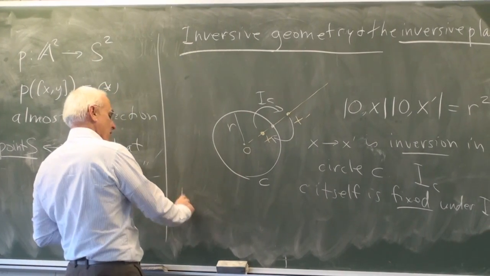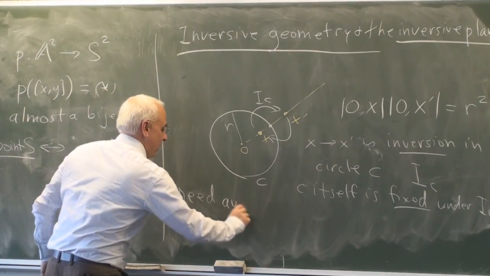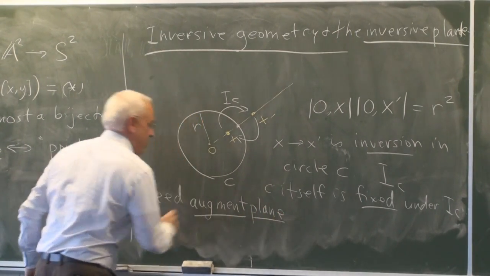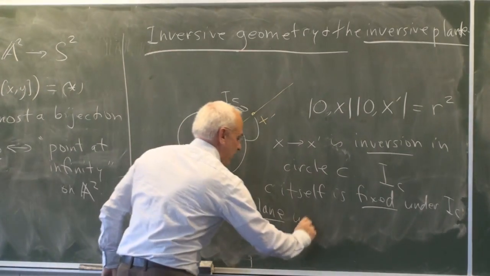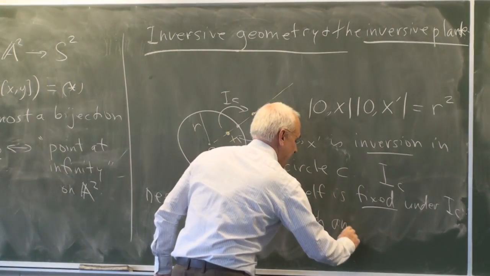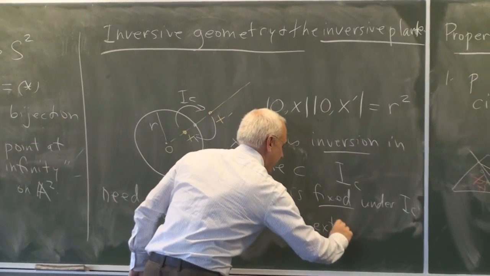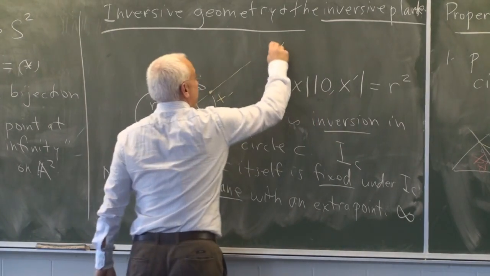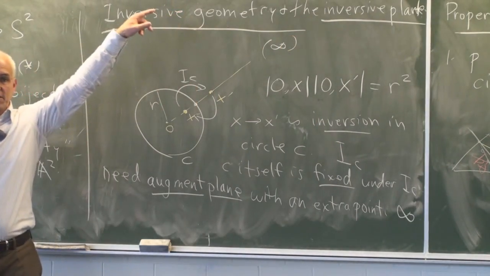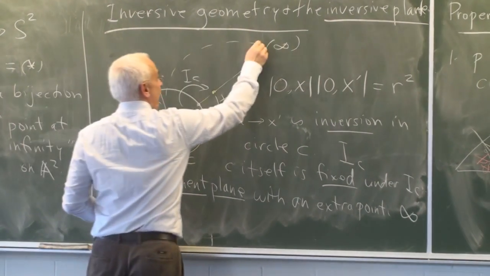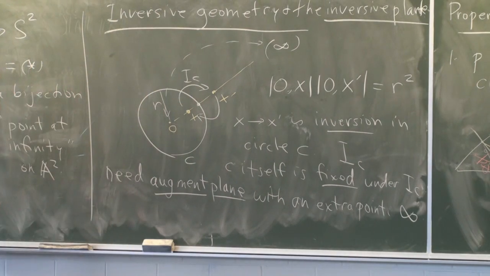So we need to augment the plane with a single extra point, which we might as well call infinity. So there's an extra point at infinity, which is somewhere infinitely far out in any direction, and the inversion sends O to infinity.